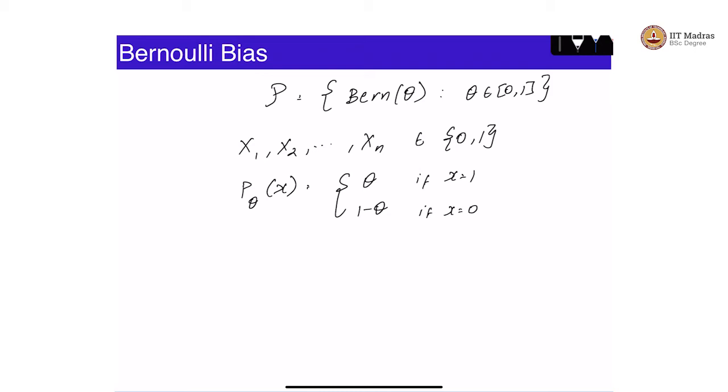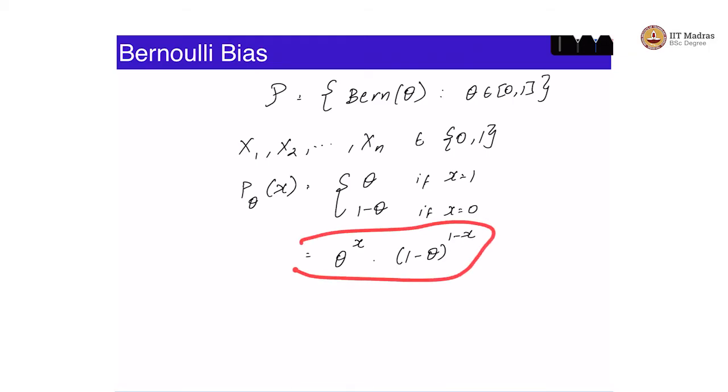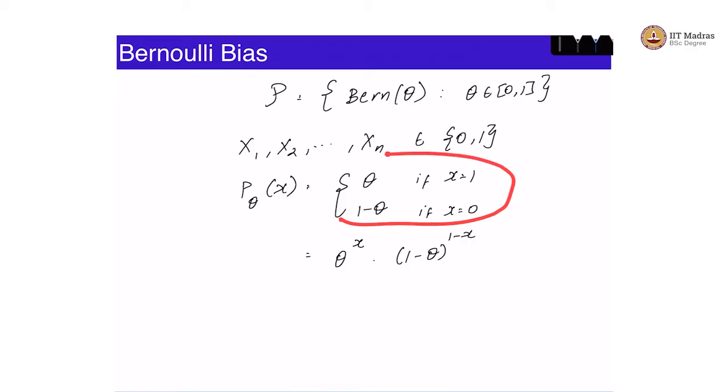This is fine, but we can write this in a more compact way as follows, which is theta power x into 1 minus theta power 1 minus x. Note that this particular way of writing is exactly the same as this. So x can take values only 1 or 0. If x equals 1, this would be theta power 1 into 1 minus theta power 0, so that's theta.